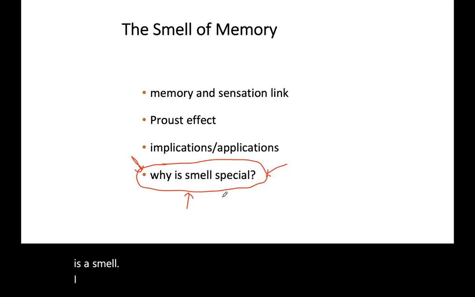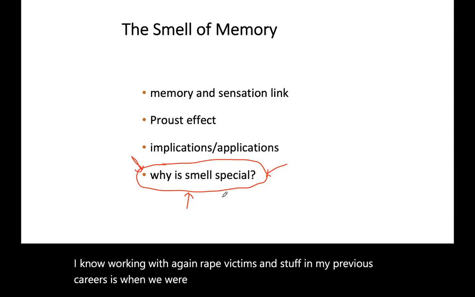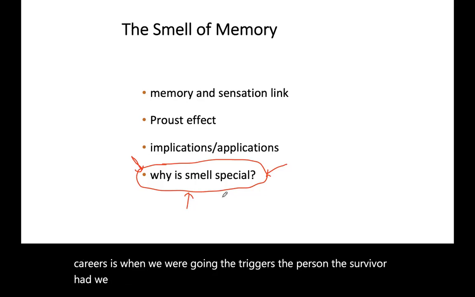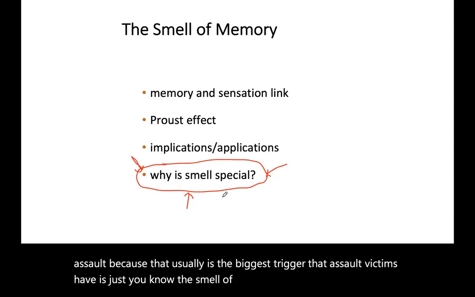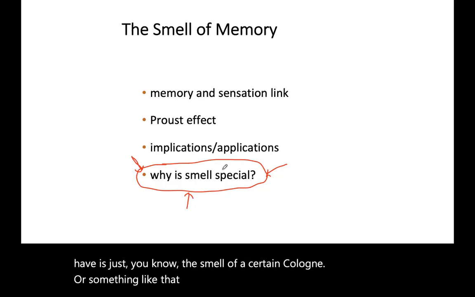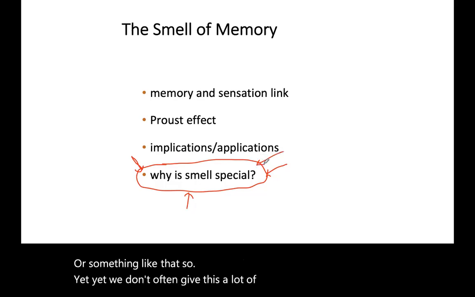I know working with rape victims and such in my previous careers, when we were going through the triggers the survivor had, we always identified the smell of what it smelled like during the assault, because that usually is the biggest trigger that assault victims have, just the smell of a certain cologne or something like that. Yet we don't often give this a lot of credit when we think about trying to remember something.